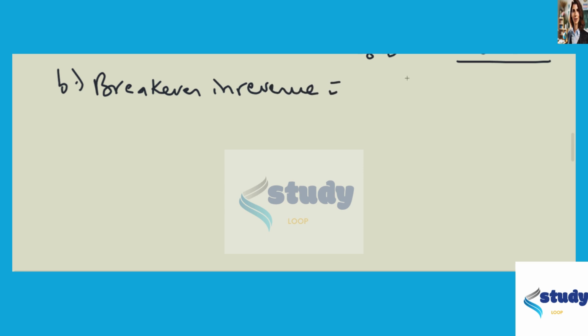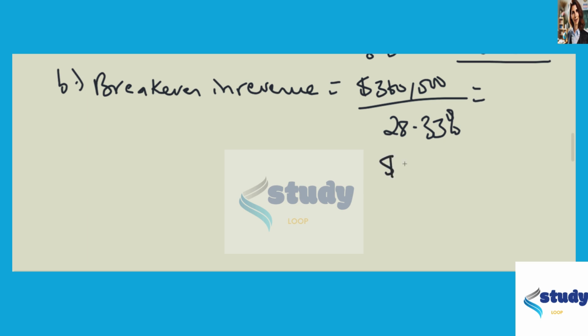Now the break-even point in revenues will be equal to 360,000 divided by 28.33%, and this will give you 1,270,588, and this is in dollars.